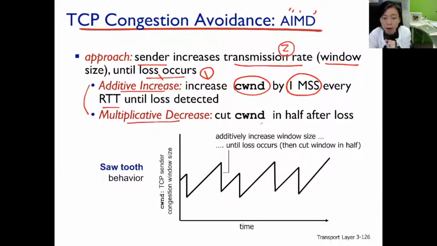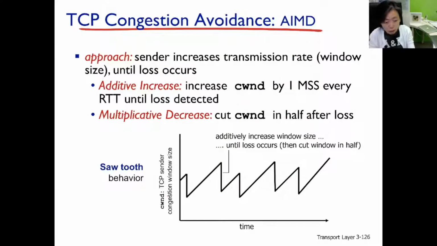And the decreasing part is cutting the window size to half of it after detecting a packet loss. So you see the increasing part is slow and linear. The decreasing part is drastic, multiplicative. So additive increase, multiplicative decrease.